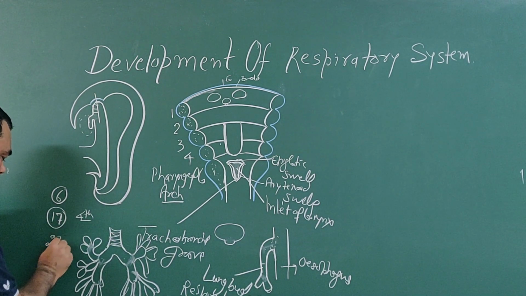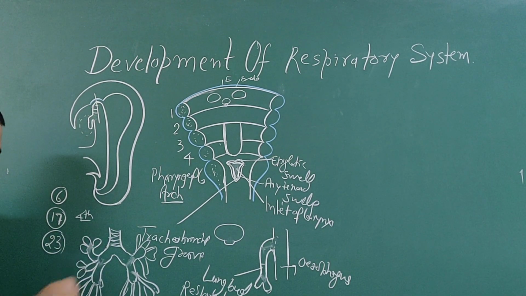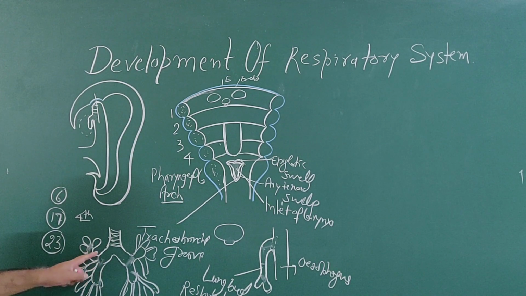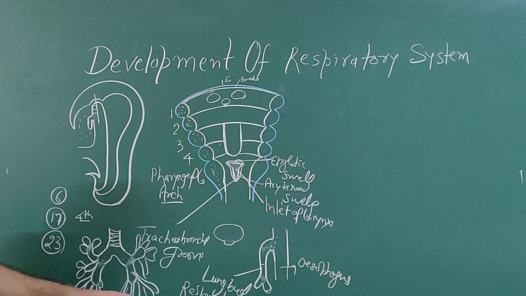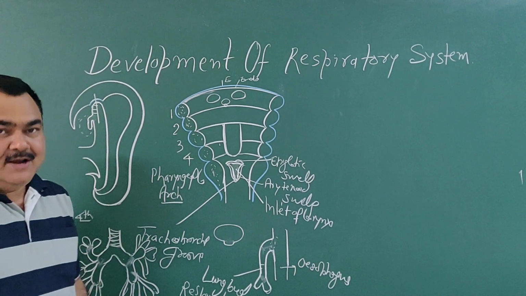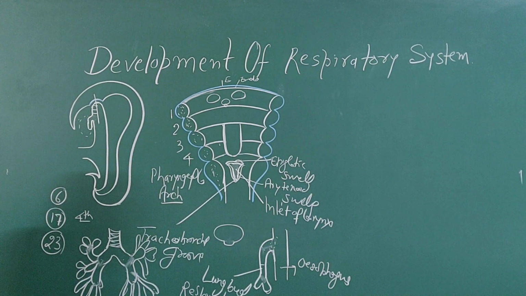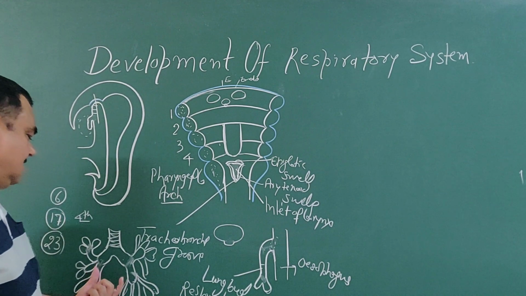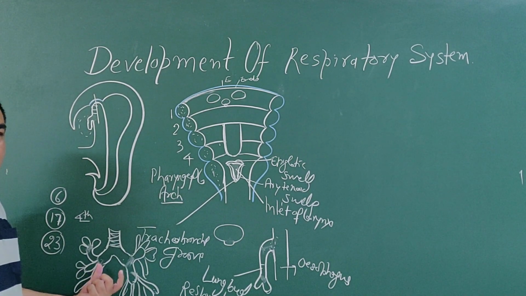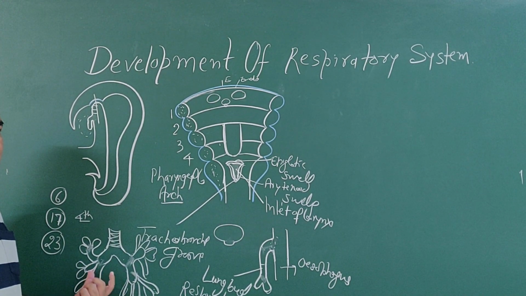A total of 23 divisions of the bronchial tree are formed, and these bronchopulmonary segments are formed: on the right side 10 and on the left side 10. So this is how the lung bud forms the lungs.